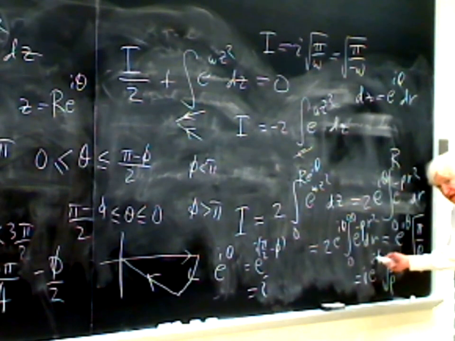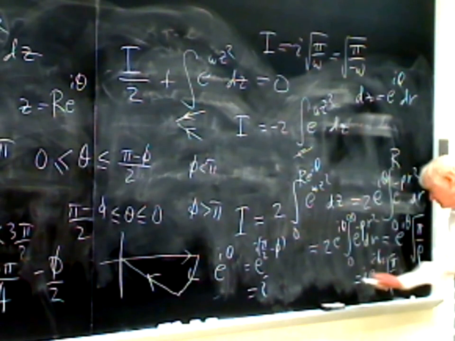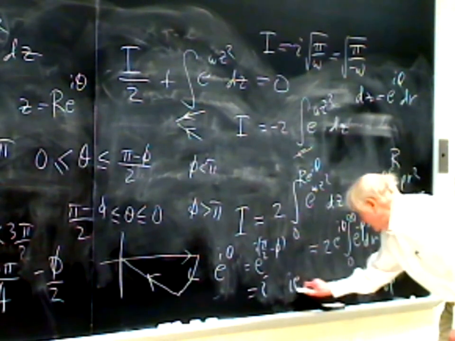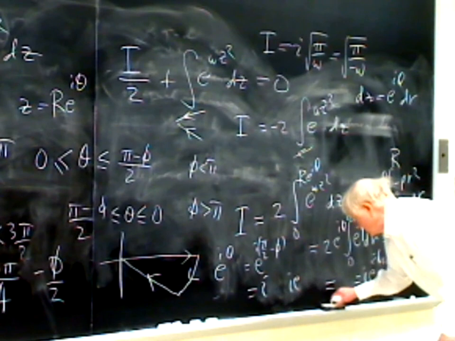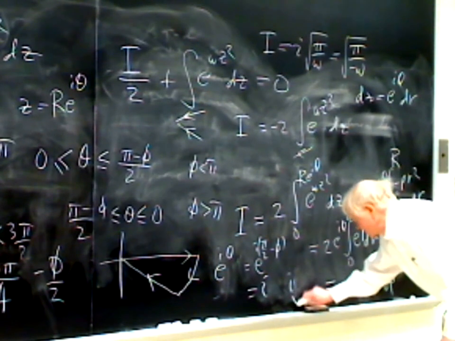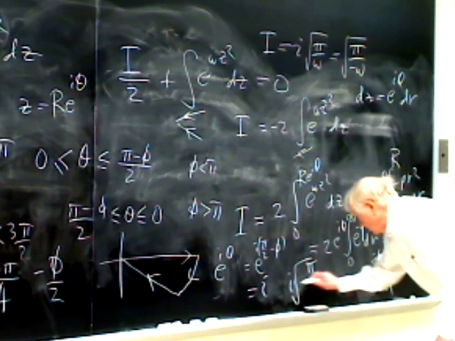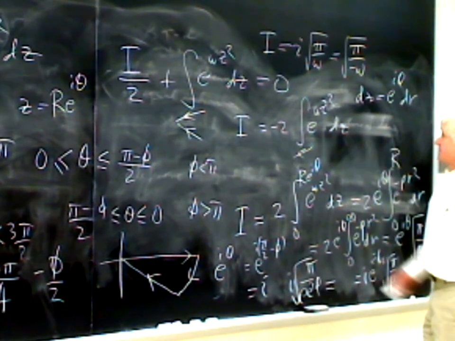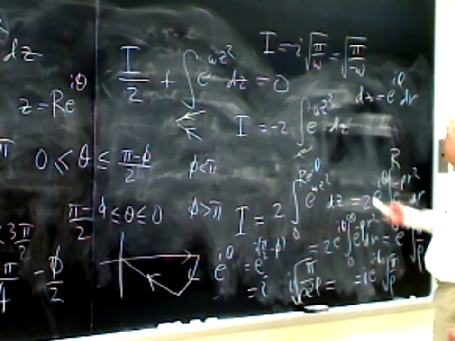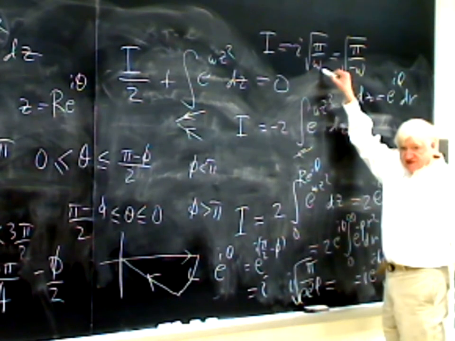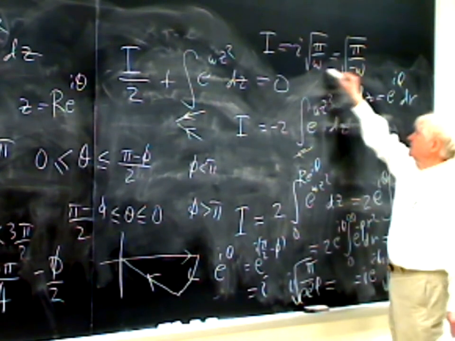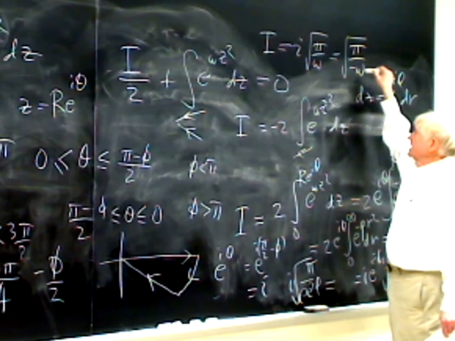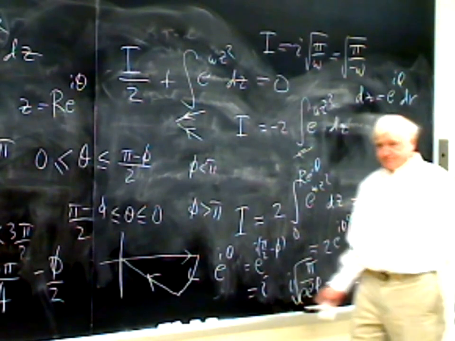That means it's the same thing as I times the square root of pi over rho e to the I phi, which is w. So that's I root pi over w. And then you can pull in the I by making that a minus w.